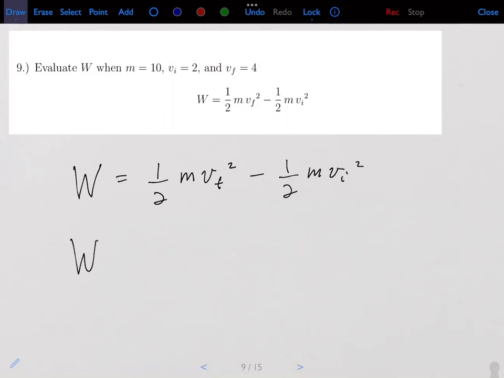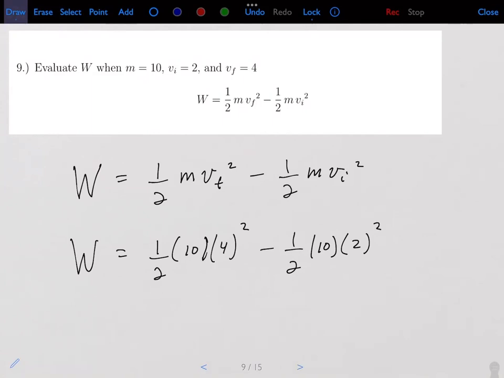So I have W equals 1/2, M is 10, V final is 4, squared, minus 1/2, 10, and then V initial is 2.